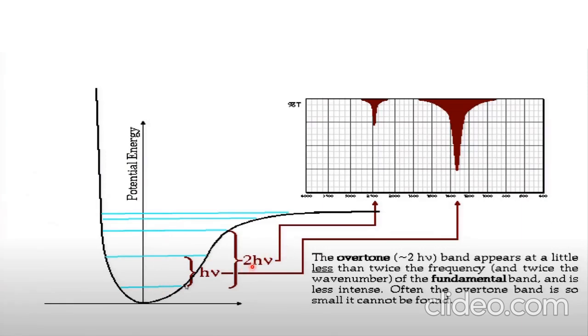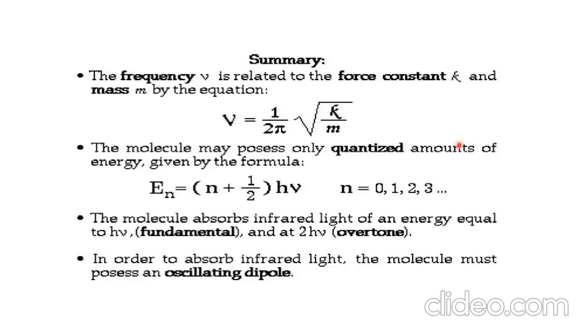In the case of an overtone, the peak will be very small, but in the case of a single level jump, the peak will be very intense, a strong peak. So that is the fundamental of the IR spectra and the selection rule.